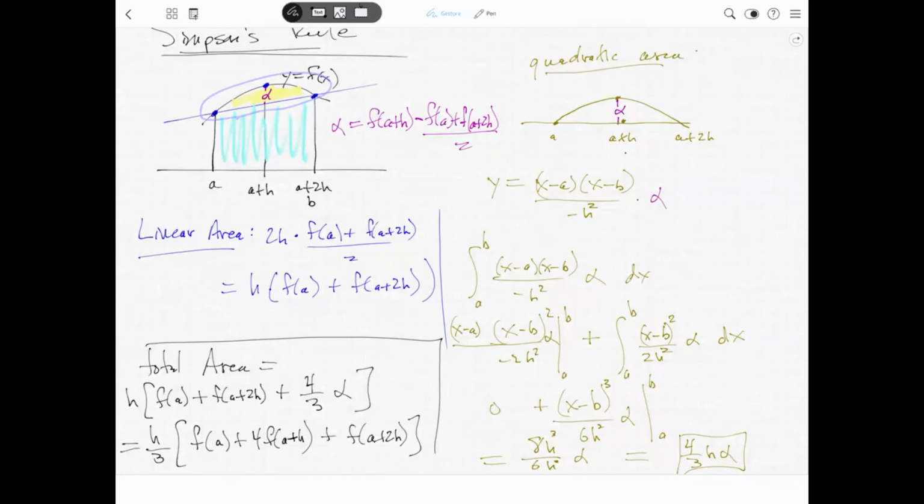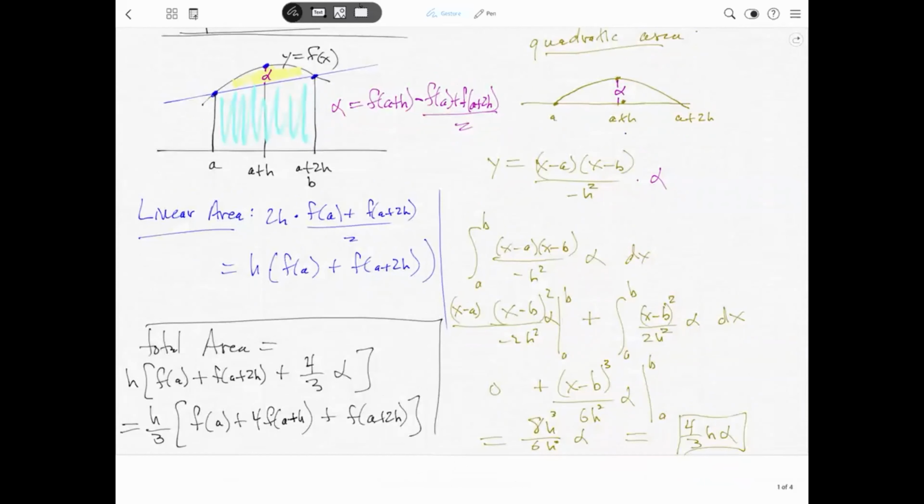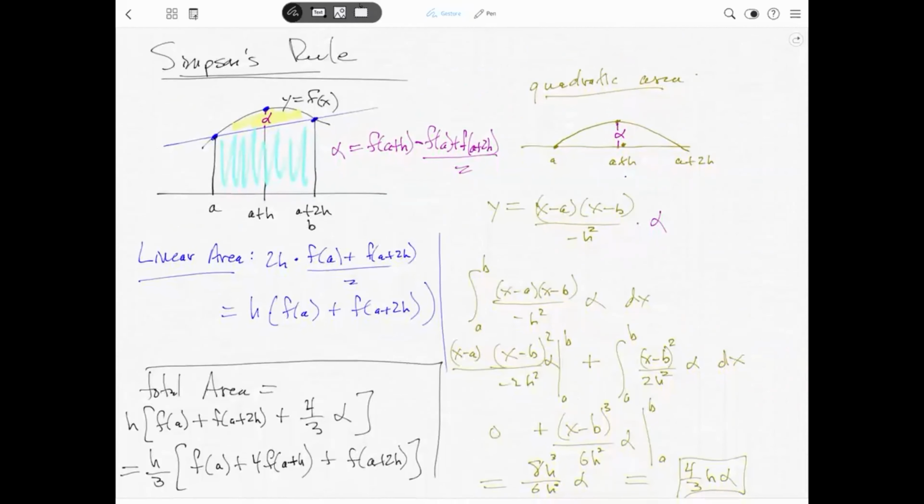So if I add those two up, under the quadratic interpolation, the area becomes the linear area here plus the quadratic area there. Everything's multiplied by h, right, up front. Now, when you plug back in the value of alpha, remember alpha was the difference between f of a plus h and the average value of f at a and at a plus 2h, and do the algebra, simplify things, it comes out to be this at the bottom here.